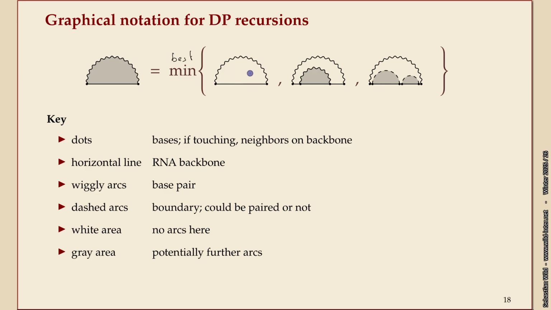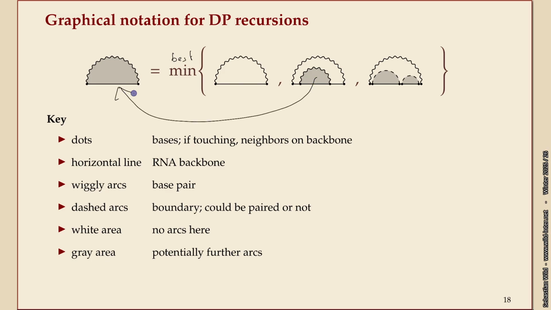Either it could be that there's no further pairs in this range. The white area means no more pairs. Or it could be there is a pair, then you find the outermost inner pair, the rest is white, and here you recurse. This obviously has the same shape as this, so you know what to do.